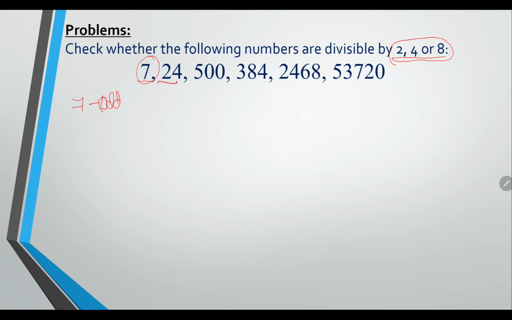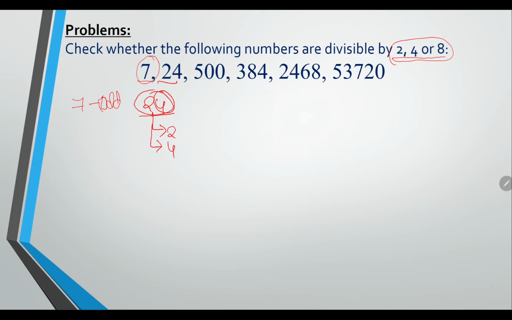So therefore we can say that 7 is not divisible by any of them. Next, let's take 24. Its unit digit is 4, so it is divisible by 2. Next, let's take 4. Since it has only 2 digits, we can just divide the number by 4.